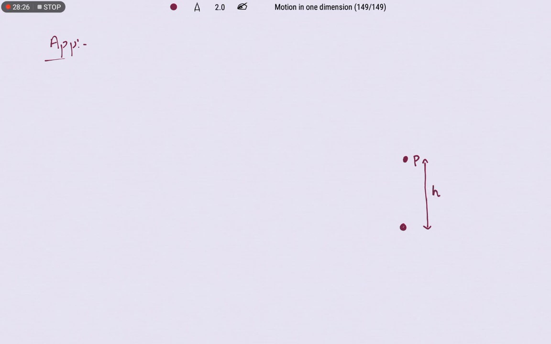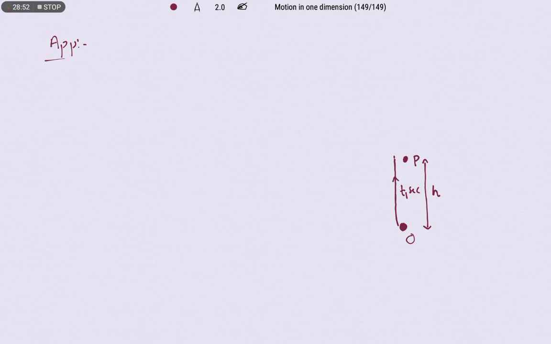It crosses the point P at two instants of time. This is from the point of projection O. Now it crosses the point P after t1 seconds while it is going in the upward direction. In the same way, it continues its journey until its velocity becomes 0.